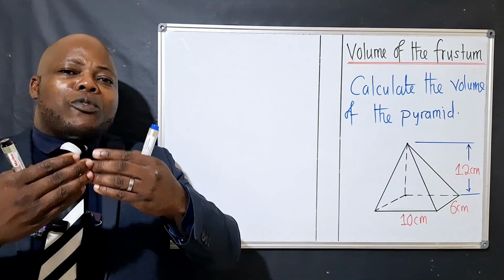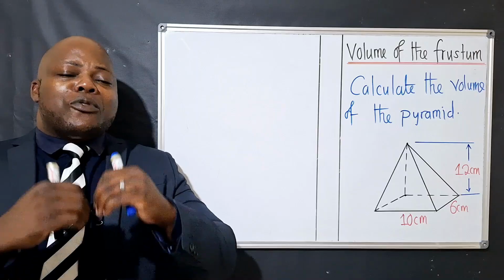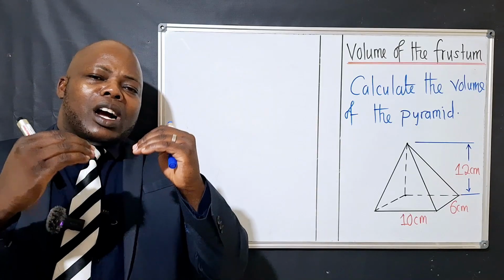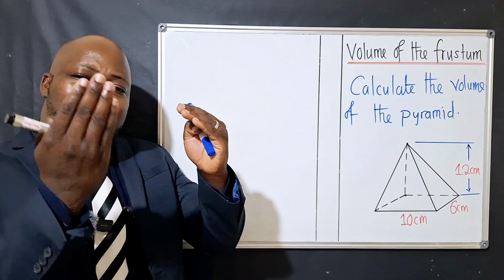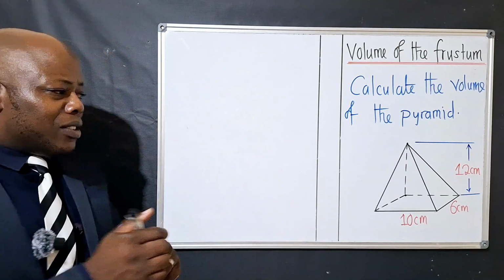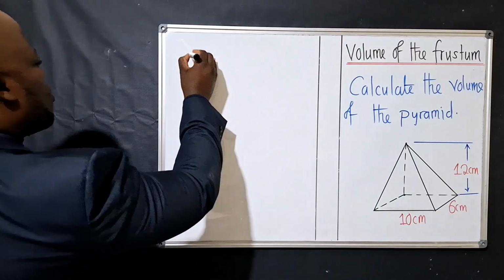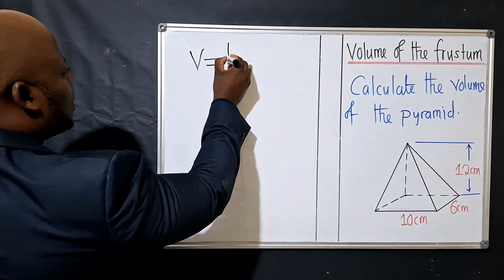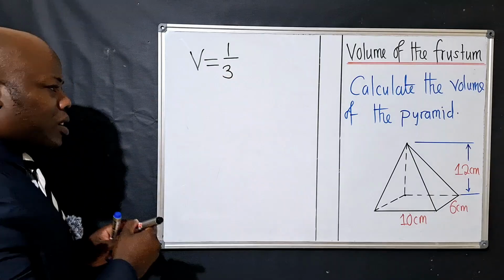And the rule of coming up with the formula for finding the volume of a 3D shape, we always find the area of the base times its height. Now look at this. We shall say volume is equal to, always start with the 1 over 3.